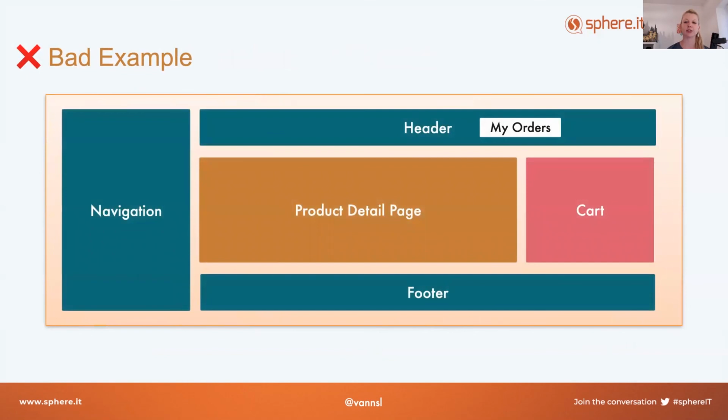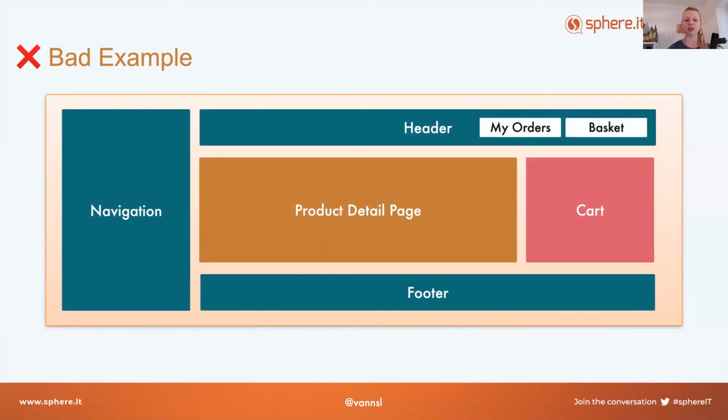So you have your different fragment services for a product, a cart, and a checkout. And they should be appearing on the page not based on the design, but coming from the right micro front-end services. For example, here is a bad example for a page structure. You have a header, a footer, and a navigation from some kind of weird layout micro front-end service. You have a product detail page and you have the cart. And you also have in the header a link to my orders in the navigation of the header, for example. But now think of this.